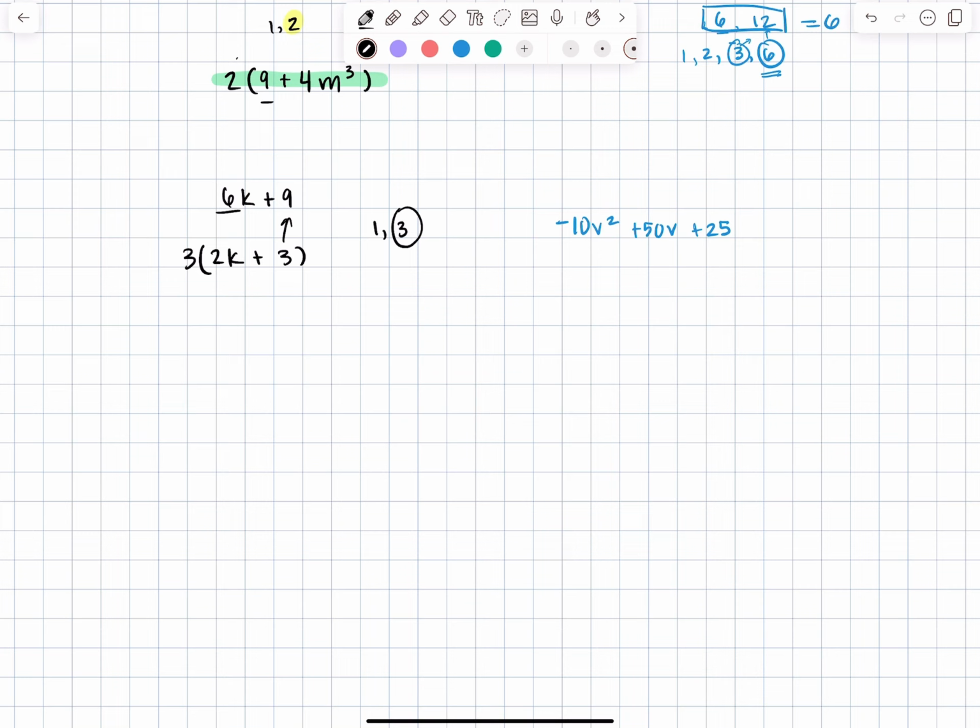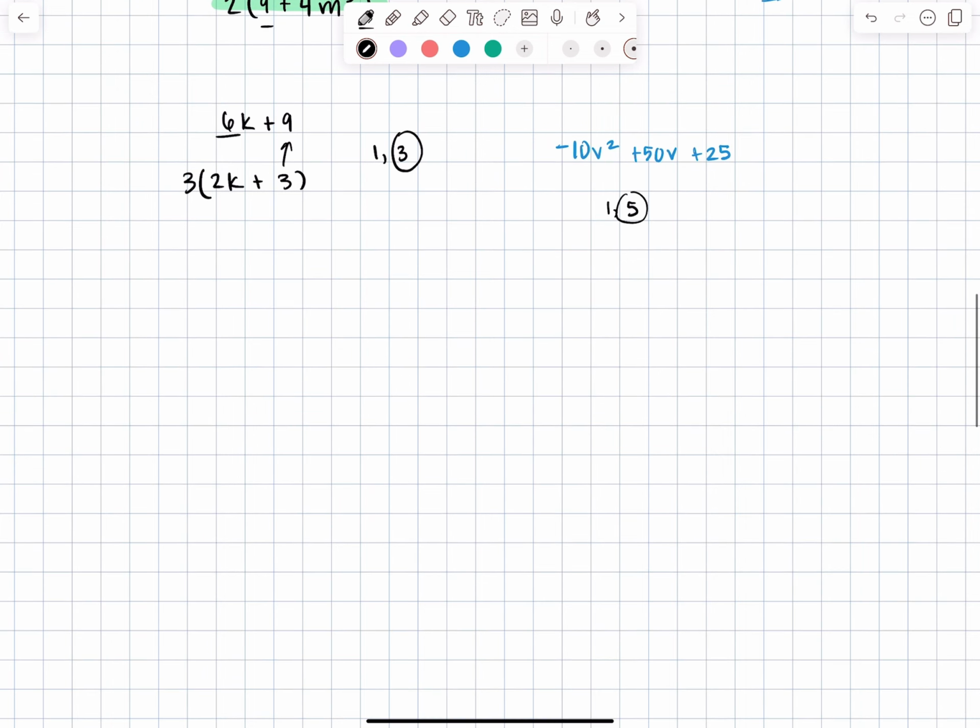Our common factors would be 1 and 5, and that's it. Our greatest common factor is 5. To be able to identify the factors quickly, I think practice is a great way to become faster at this. So we have 5, and then 5 times negative 2 gives us negative 10, plus 5 times 10 is 50, and then 5v plus 5 times 5 is 25.